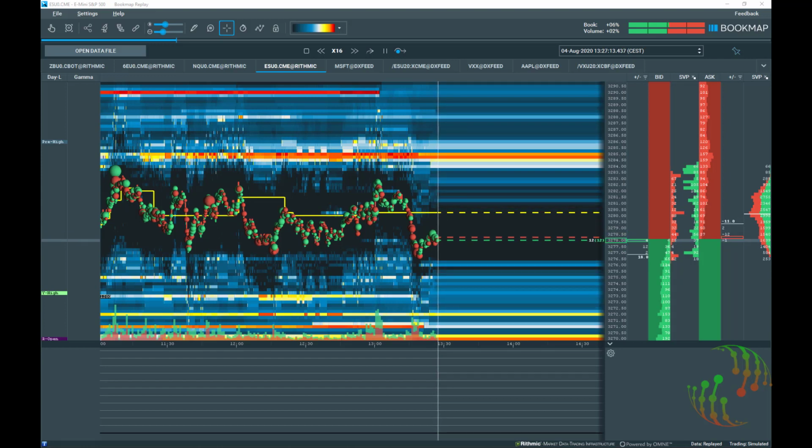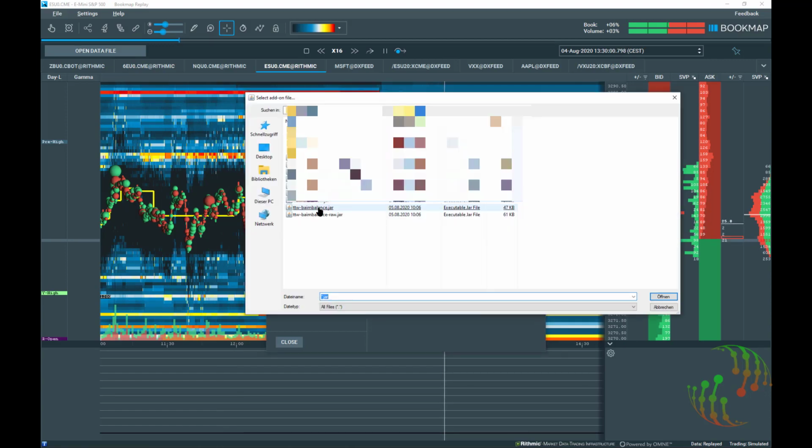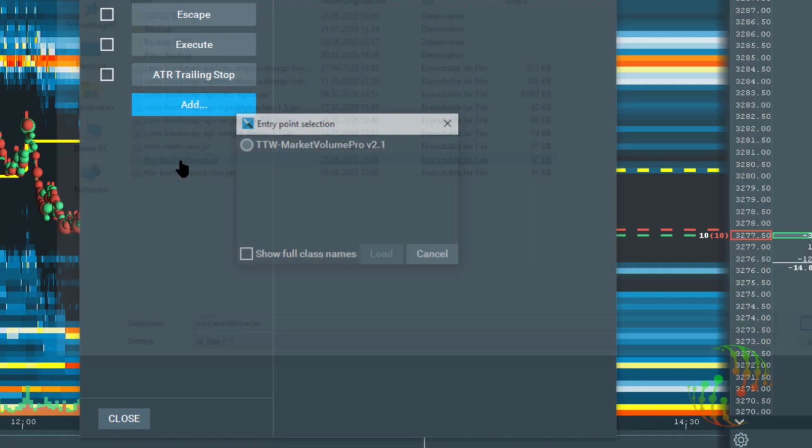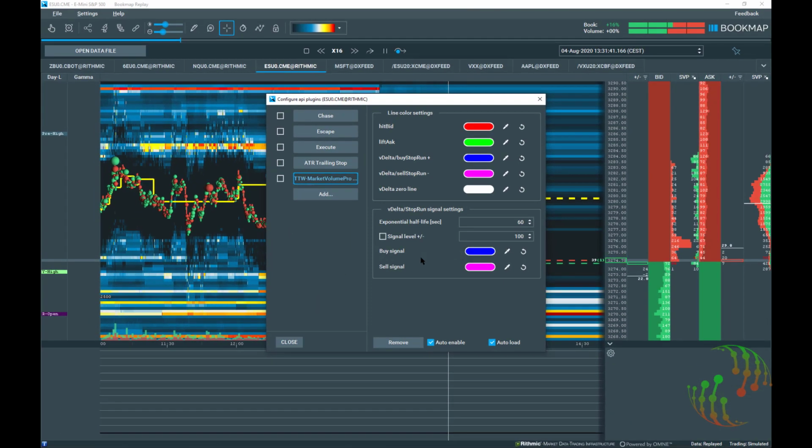As always, adding an indicator to Bookmap is simple. Open the Configure API plugins, click Add, select the attached Java jar file and load it. That's it.